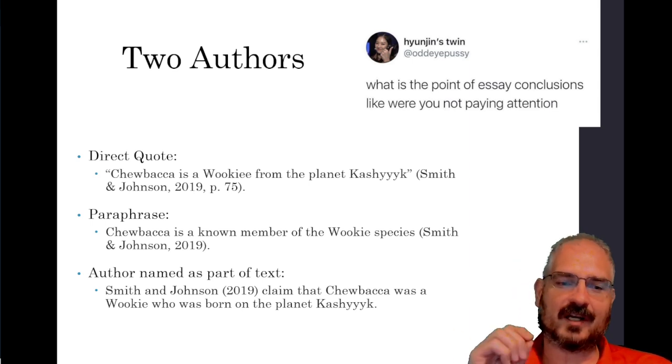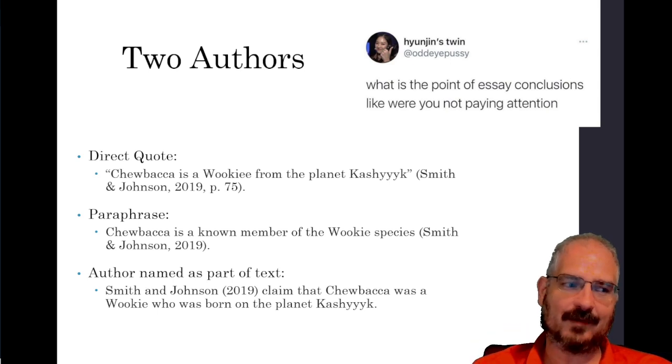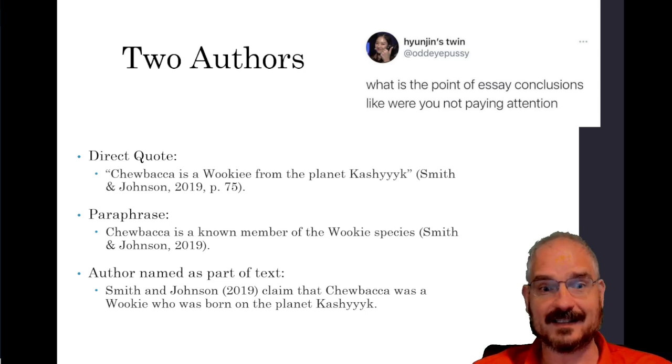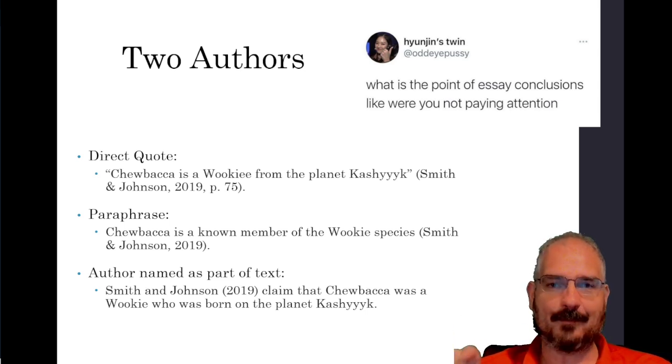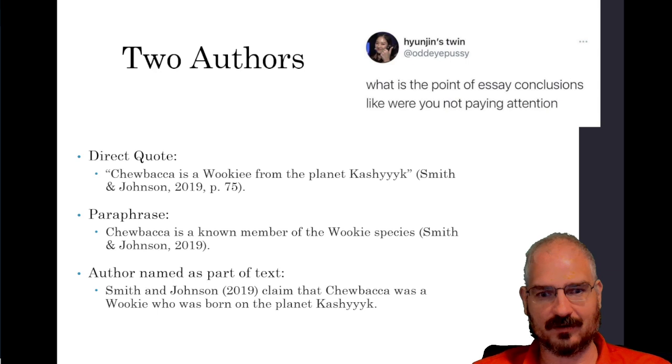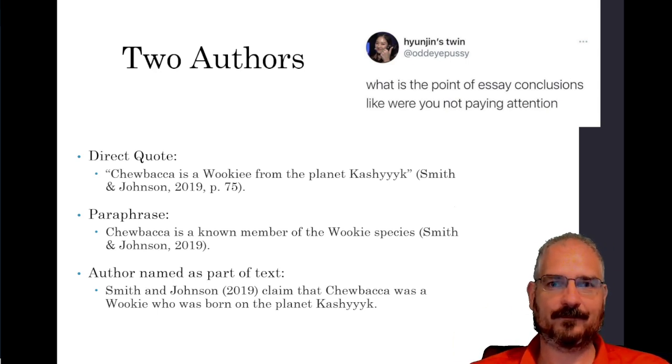But importantly, if you're going to use that author's name or names in text as part of your sentence, you don't use the ampersand, you spell out the word and, A-N-D, right? So Smith and Johnson, and then just like with one author, parentheses, year, close parentheses, claim that, blah, blah, blah, right?